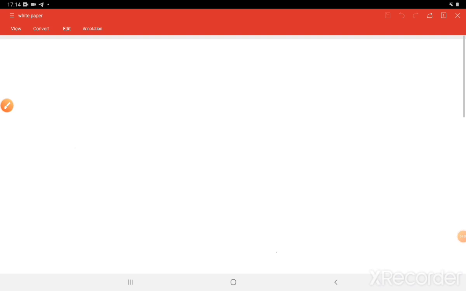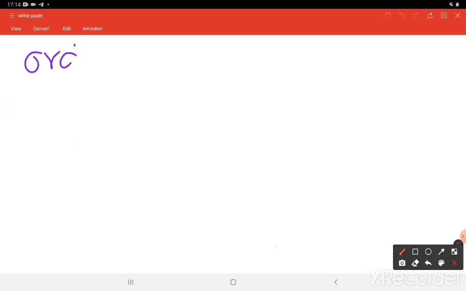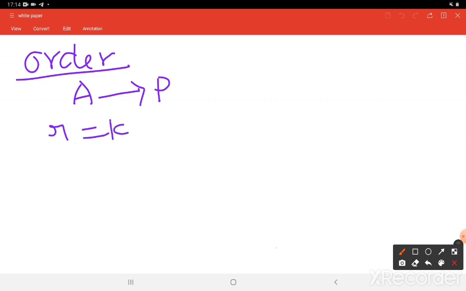Now we will see what is order of reaction. For example, A gives rise to products. Its rate will be written as K A concentration power 1. Here K is rate constant.